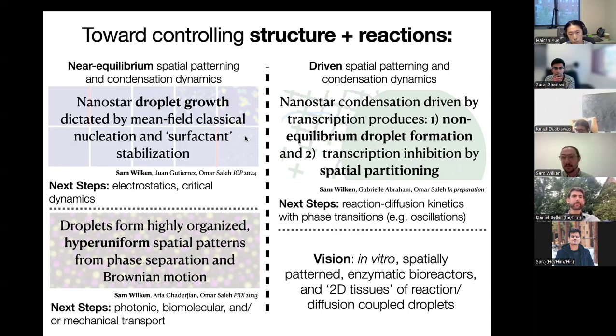In that case, the microstructure is very compact relative to DNA nanostars. You're thinking about highly entangled proteins and RNAs. And so in that case, the density of material is much closer to 30-40% by volume compared to these open DNA structures, which are only 1% by volume, right?